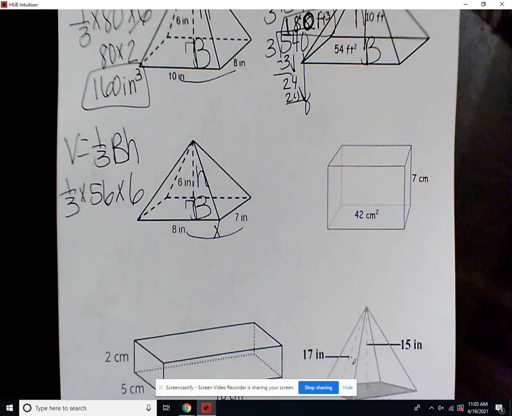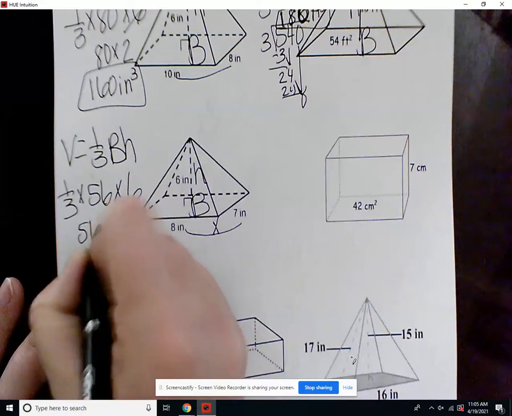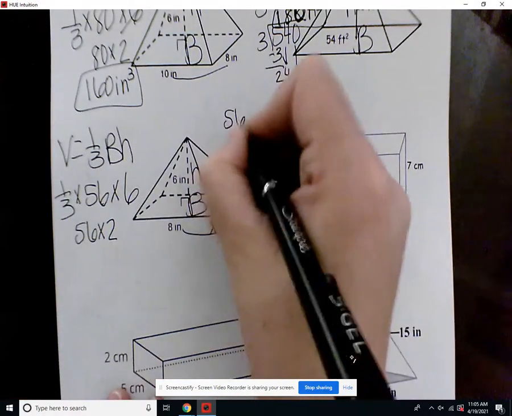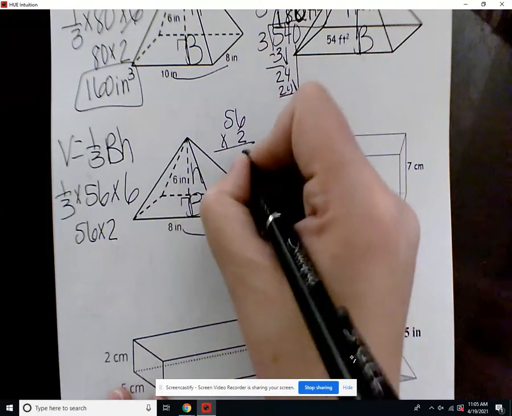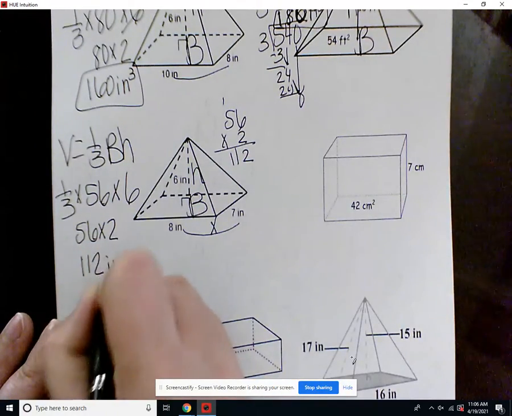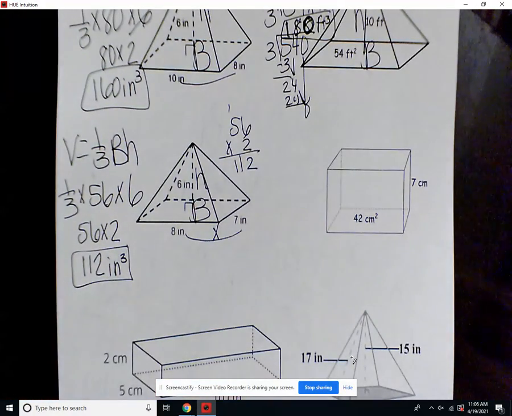Yes, I would do 6 because we know 3 into 6 is going to be 2 times. And then I'm just left with 56 times 2, which is 112 inches cubed. So again, you can multiply 56 times 6 and then divide it by 3. But again, whatever way works best for you.